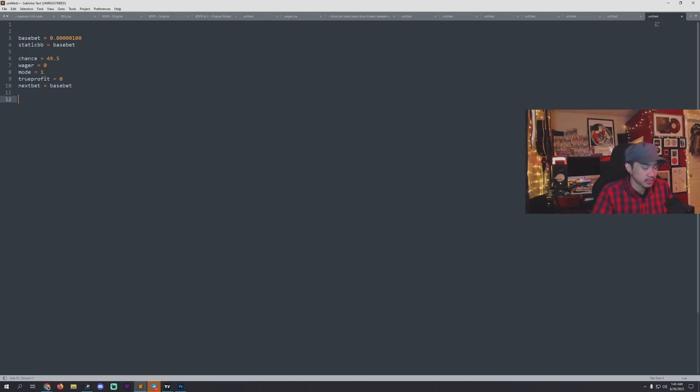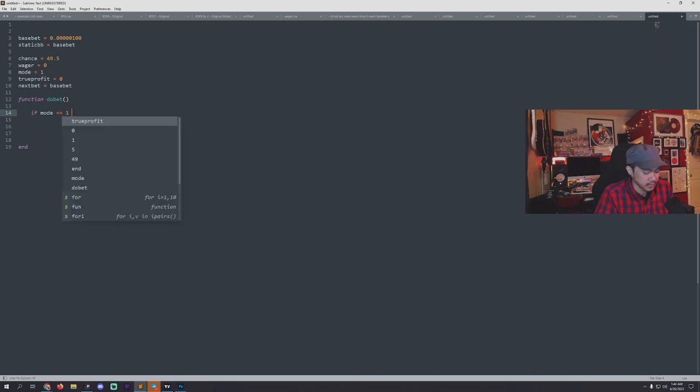Cool. So let's start our script now. We'll do a function do bet, open bracket, close bracket, end, right? Now within the do bet, what do we need to do? Well, we have two modes, right? So we're going to say if mode equals 1. If the mode is 1, then do something. If mode equals 2, then do something. Okay?